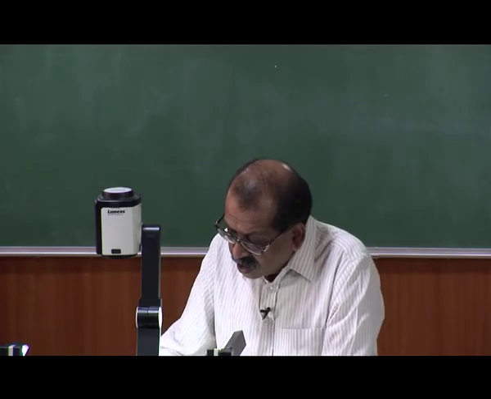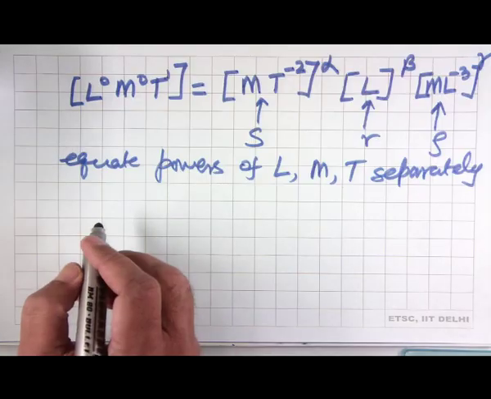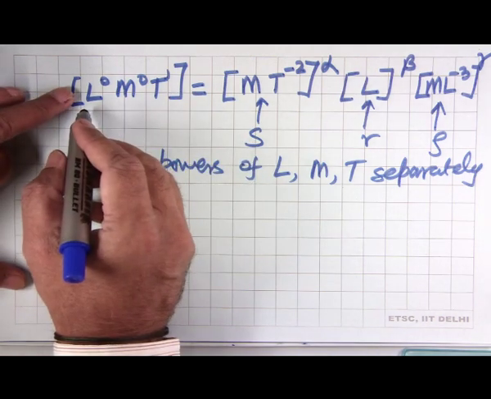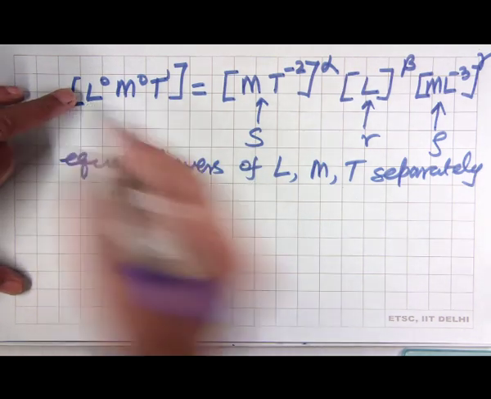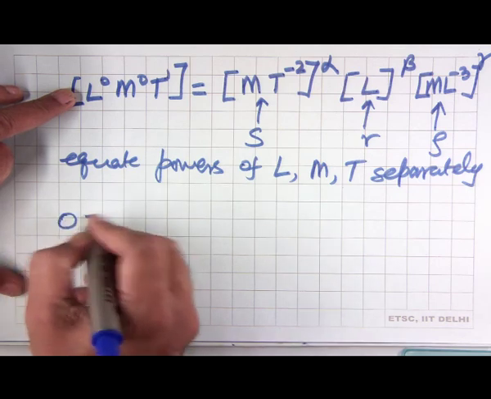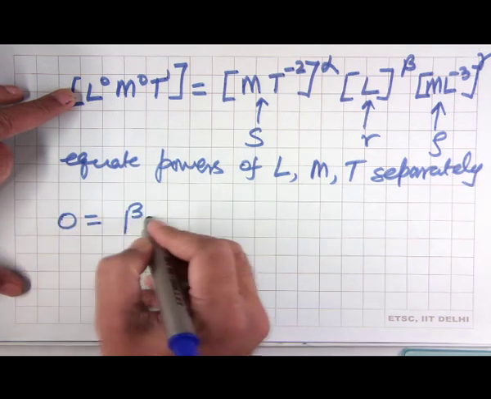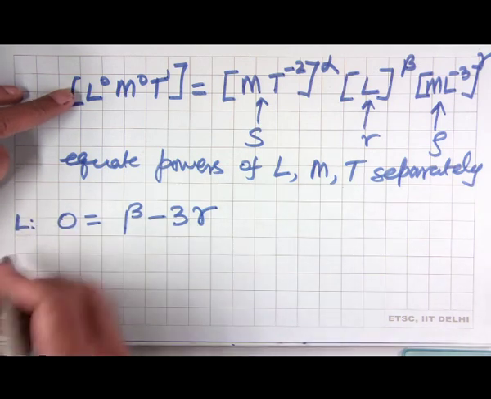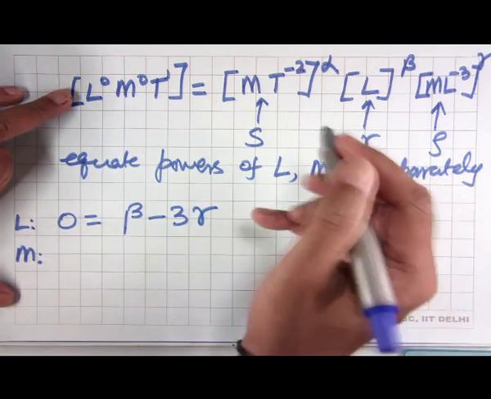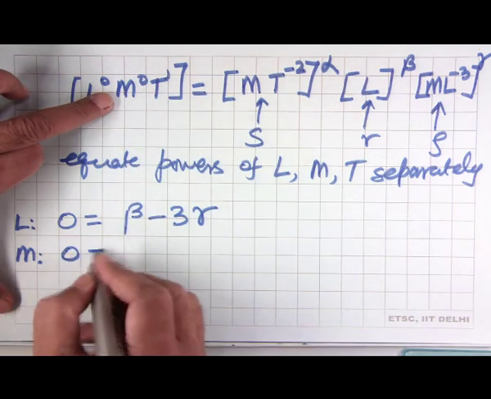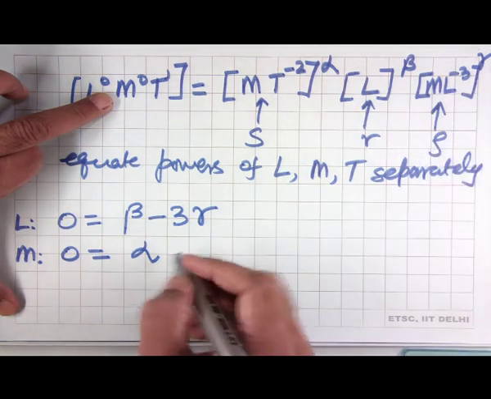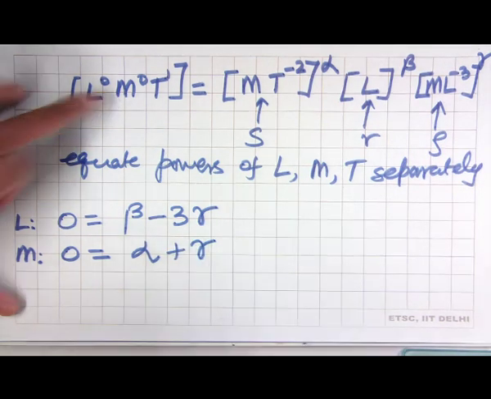So here let us do this. Now when we write this, the power of L on the left hand side is 0. So we get 0 is equal to beta minus 3 gamma. This is what L gives us. Next we go to M. The power of M on the left hand side is again 0, and is equal to alpha plus gamma.